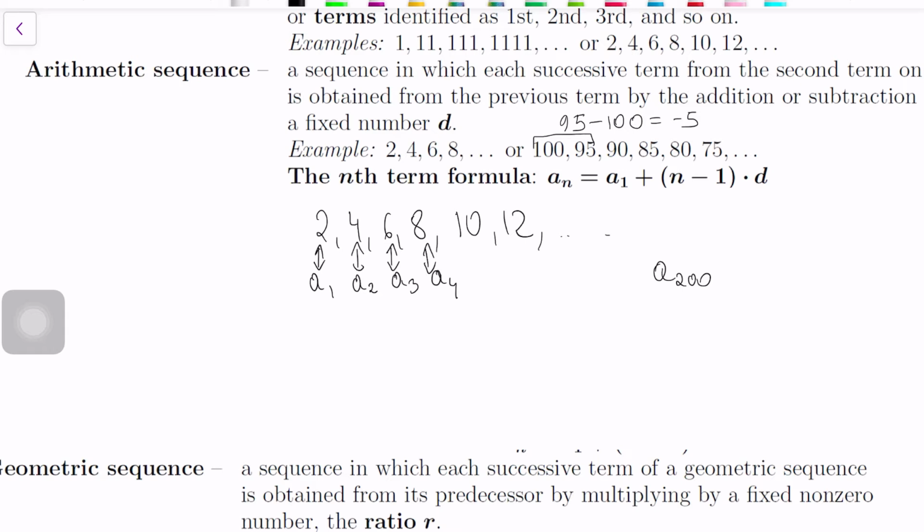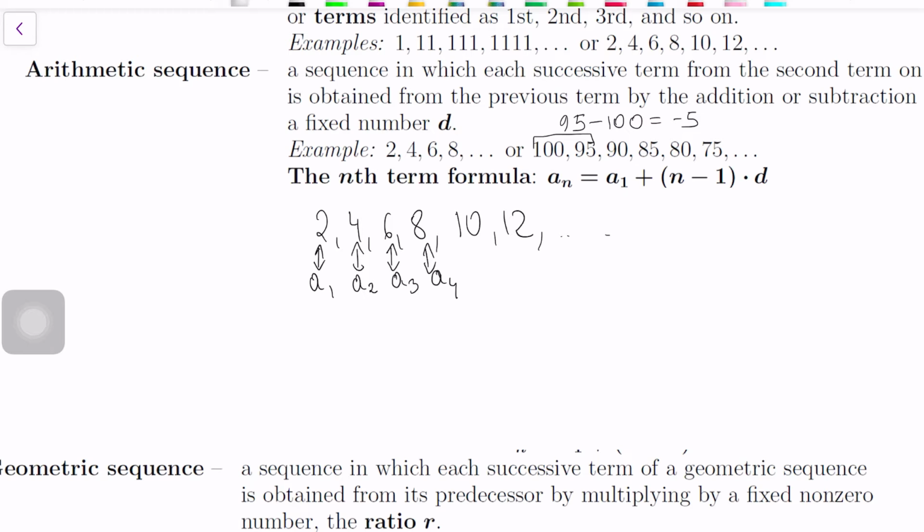That would be ridiculous, to list all the terms. So if you could come up with a general formula, depending on n, then whatever n is, if you want to find the 200th term, you just plug in 200 in place of n in that formula, and you can calculate it without the necessity to list all the terms before.